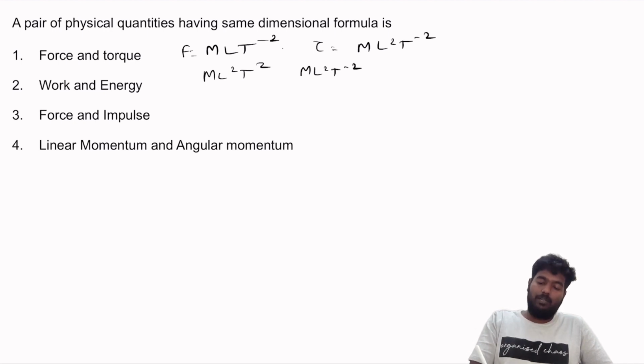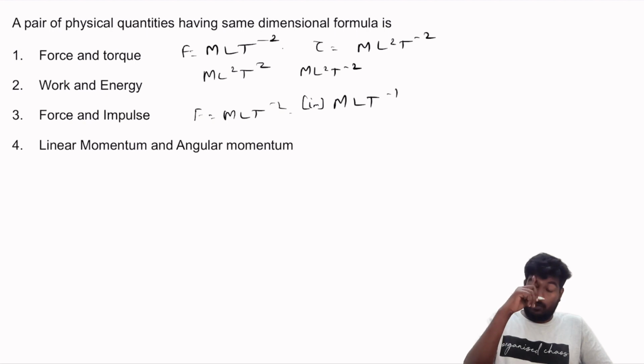Okay. Force and impulse. So force is ML T power minus 2. Impulse is force into time. So ML T power minus 1. Linear momentum and angular momentum.